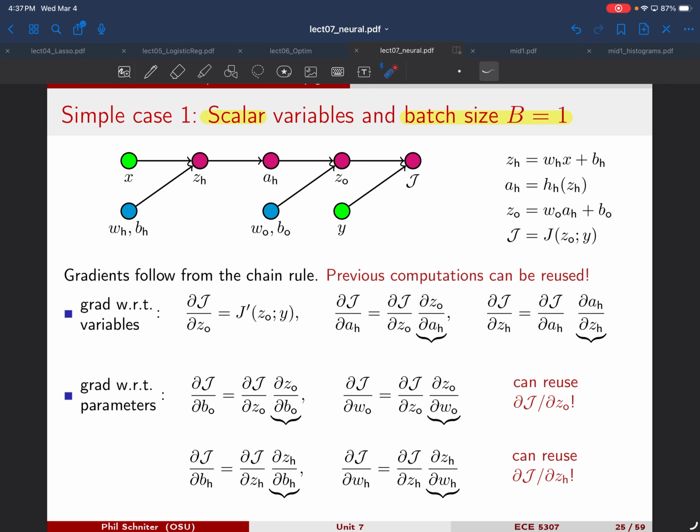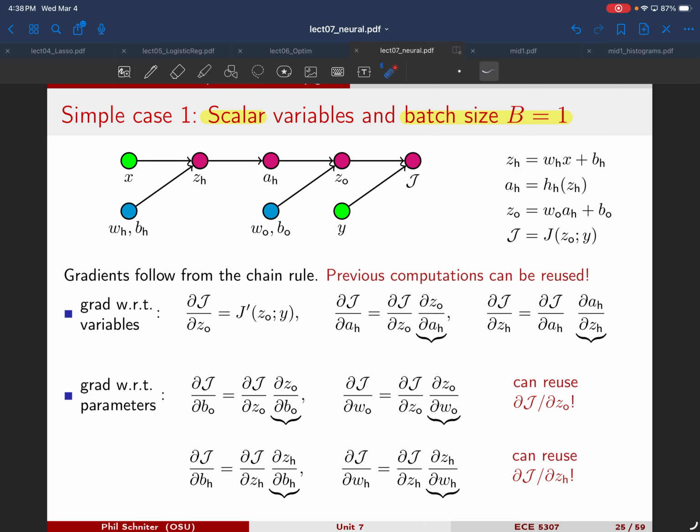So we always start with the cost or the loss. And these are the equations that define the forward pass, telling us exactly the functional relationships between all our variables. These are the things we look at to remind ourselves of the details of how we're going to do the gradient computations.